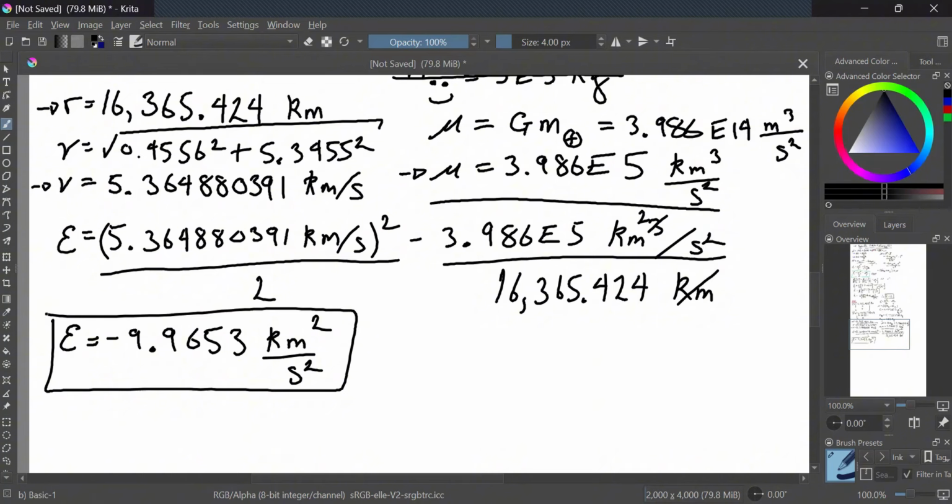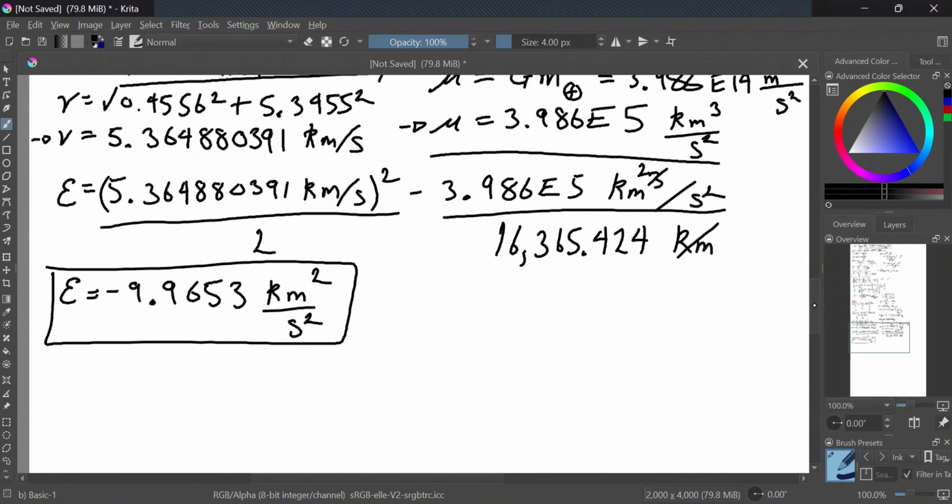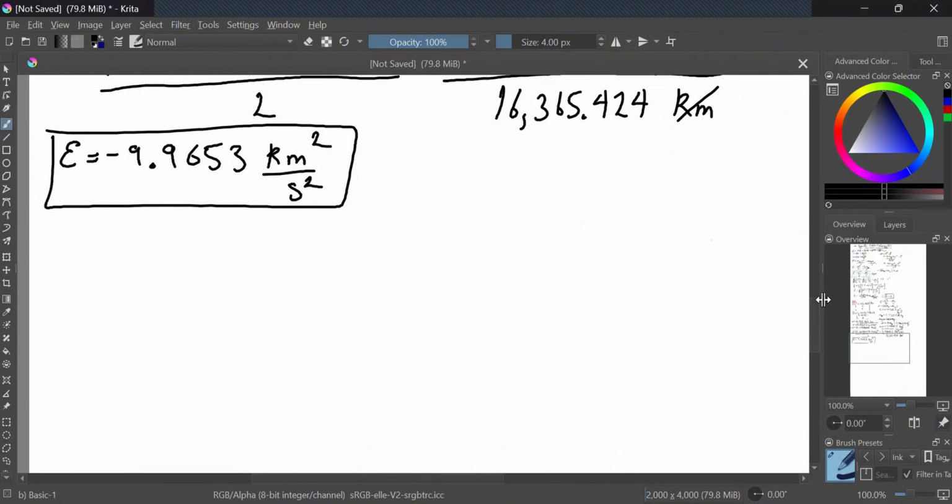But wait, I hear you cry. Why is our energy negative? What does that even mean to have a negative energy? I'm glad you asked. I'm going to explain it in 2 different ways. That is because, in part, our equation consists of a kinetic term and a potential term.